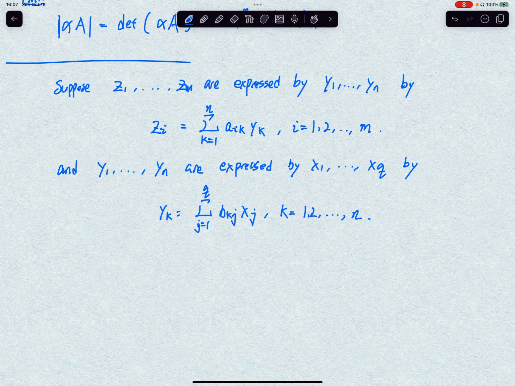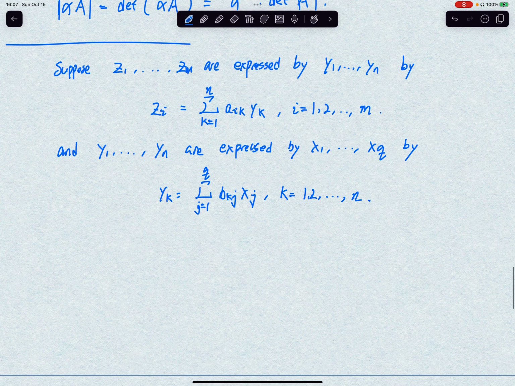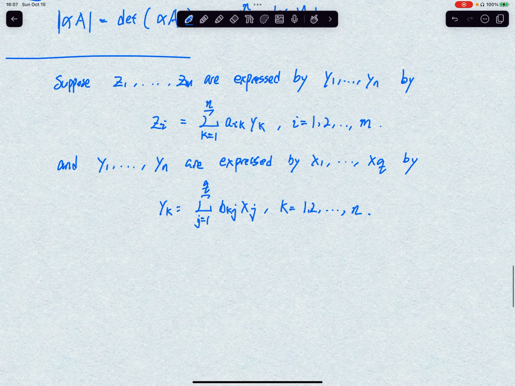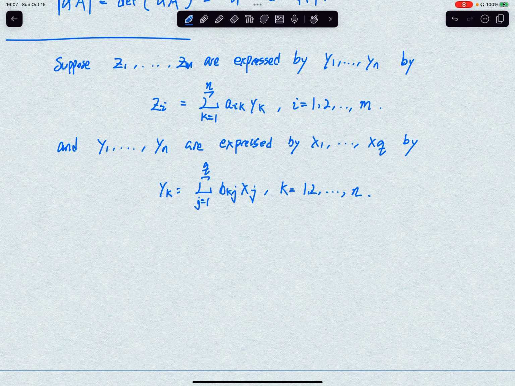So if we substitute these expressions for y_k, we shall express each z1 up to zm in terms of x1 up to xq by means of the composite transformation.